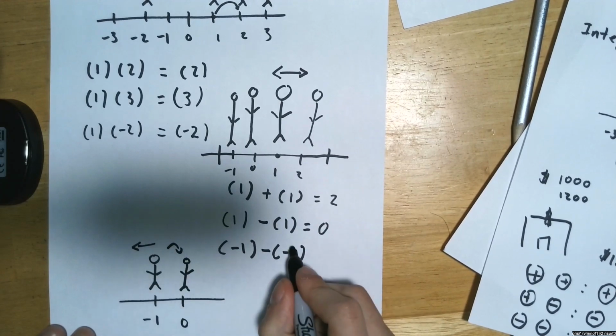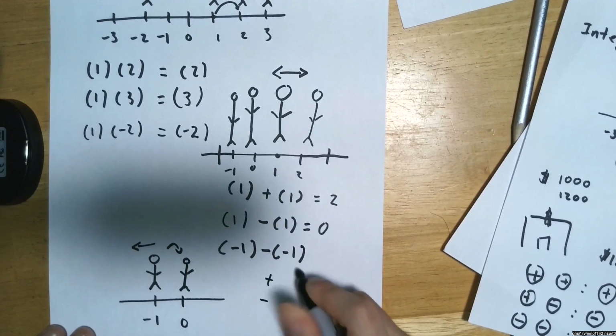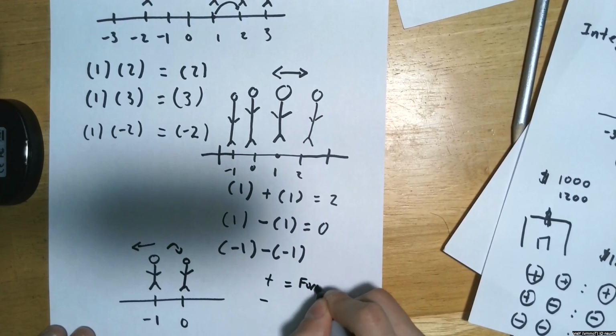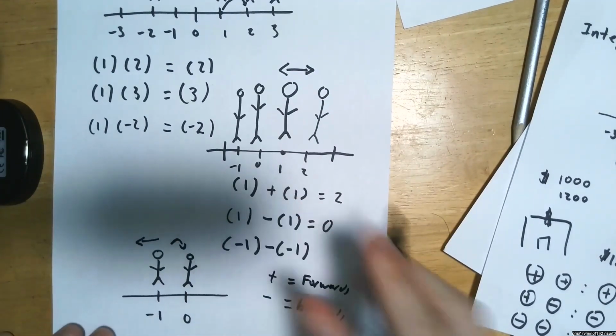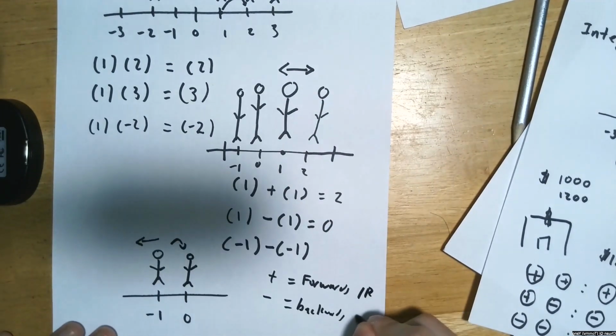You can think of positives and negatives as forwards and backwards. And in terms of the number line, you can think of it even as right and left.